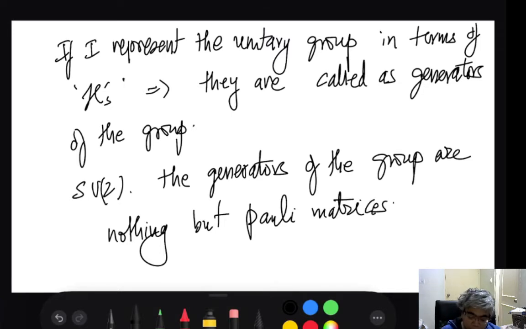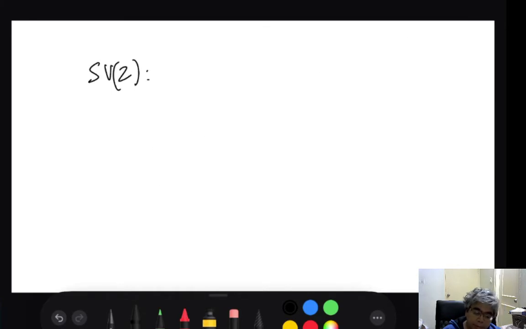So the entire group SU2 can be re-expressed in terms of e.